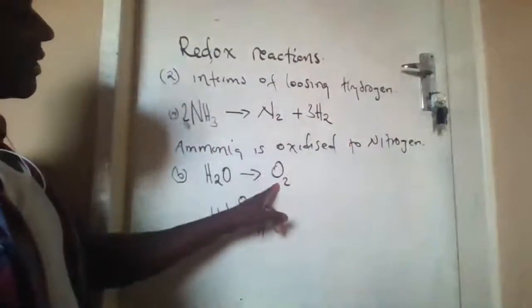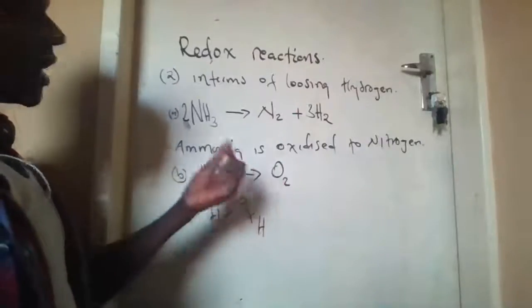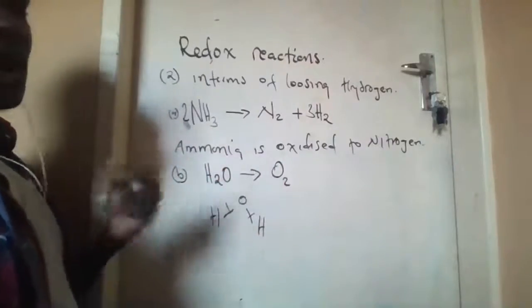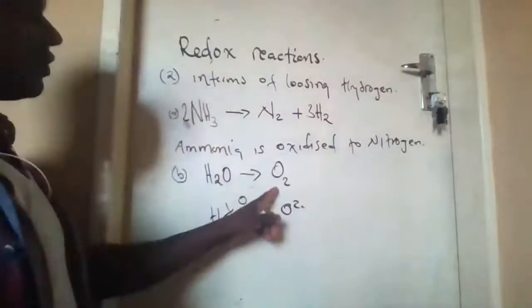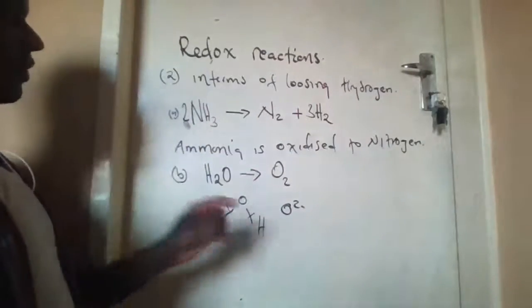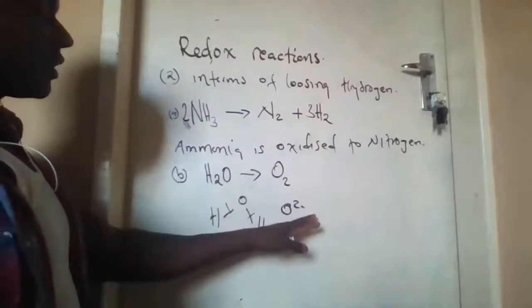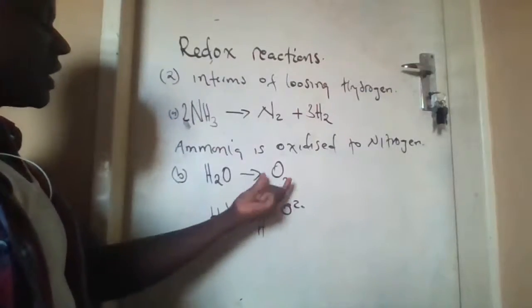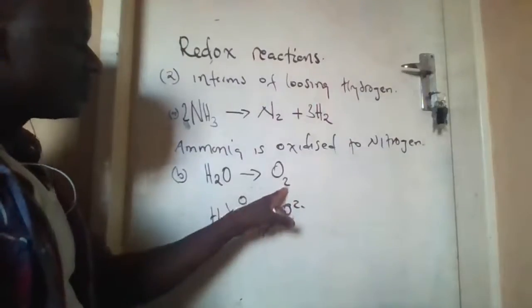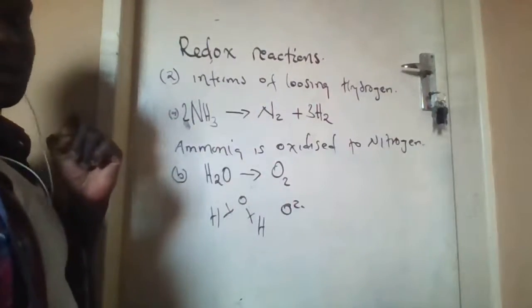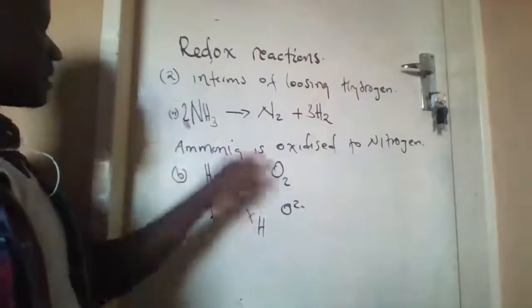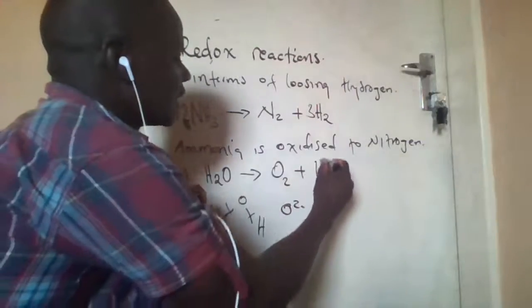In a similar manner, oxygen is a diatomic element, so you cannot write O alone unless it is a radical with a valence of 2 minus. But we're not talking about radicals here. So when writing the chemical formula for oxygen, you always have to take care of this 2, because oxygen is a diatomic element. Then plus hydrogen.